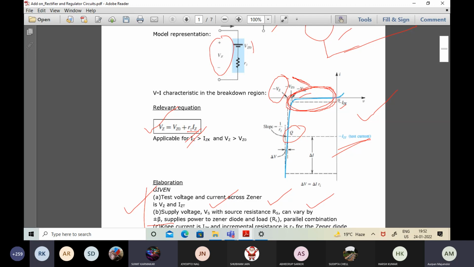So the corresponding output voltage will be far more variable depending on the load current, the variation of load resistance, because IL into RL is going to decide the output voltage according to the diagram I have shared. Think about the fact that the Zener is open. I go back to this diagram.